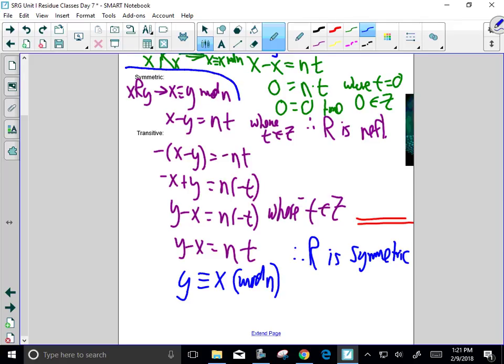What do you guys think? Can you do these? This is doable, isn't it? It just seems a little clunky. We're proving that X congruent to Y mod N implies Y congruent to X mod N. That's symmetric.